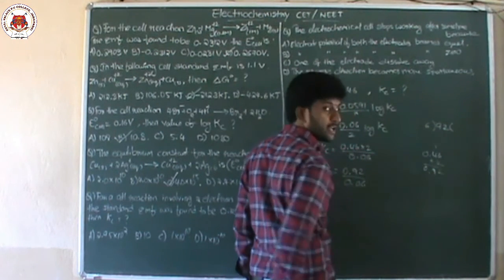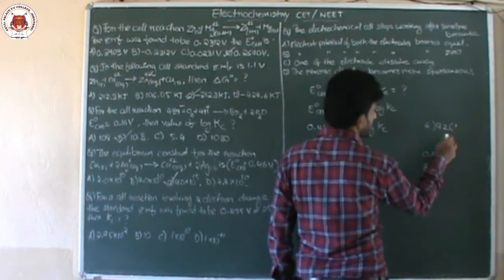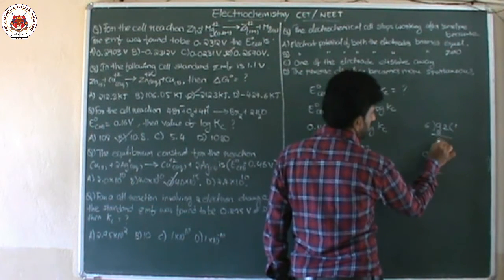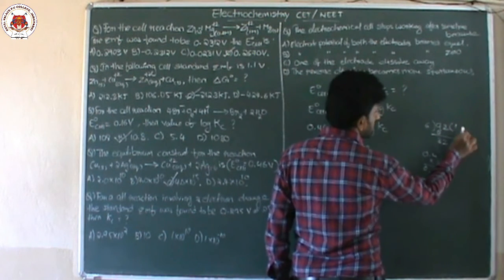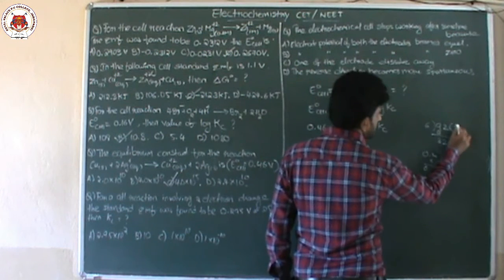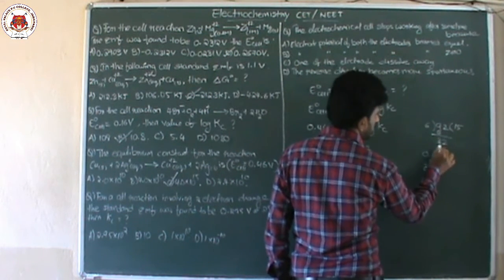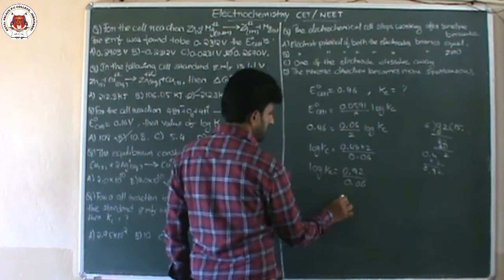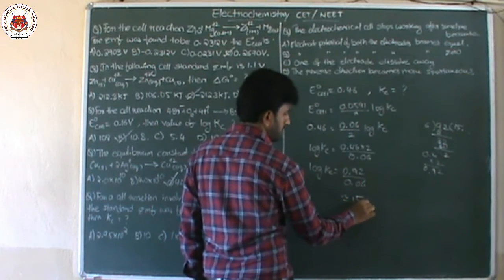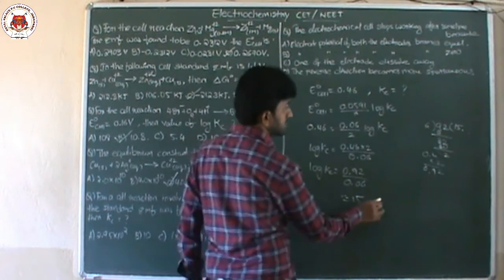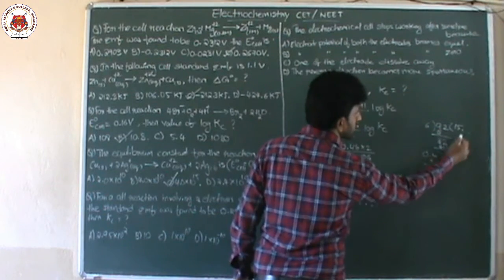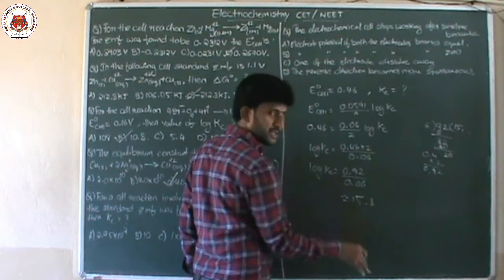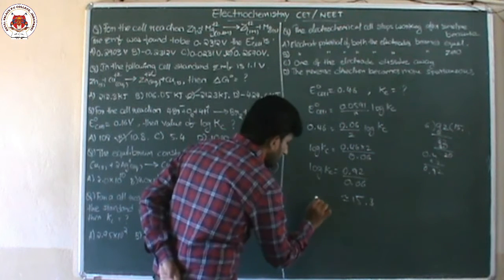What is the approximate value you should get here? 6 once is 6, then 3, 2, then 6, 5, and so on. That means approximately the value comes around 15 point some number. That is 15.3, you can take that approximate value.